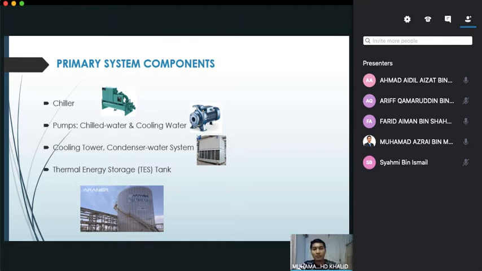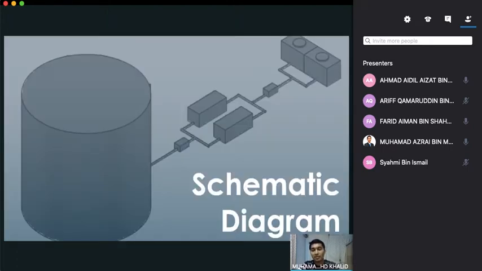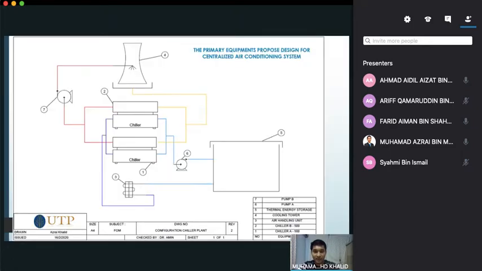There are 4 primary components in the system. First, chillers, 2 pumps, 2 cooling towers, and also thermal energy storage. This is our schematic diagram. As you can see, this is the basic overview about our schematic diagram and about our process of the chiller plant.